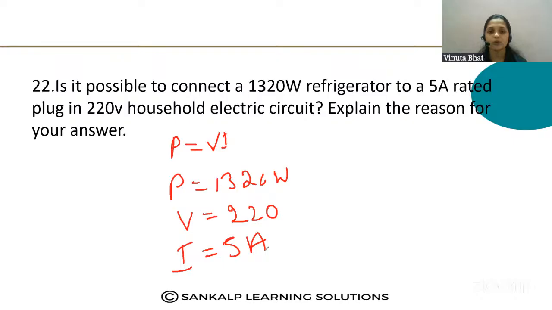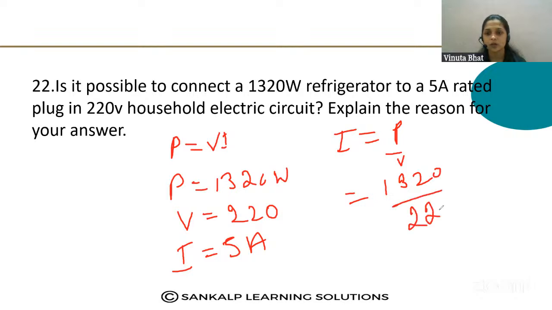So we have to find the current drawn by this refrigerator. So I is equal to P by V. P is 1320 and V is 220. Cancelling, 6, so I is equal to 6 ampere.